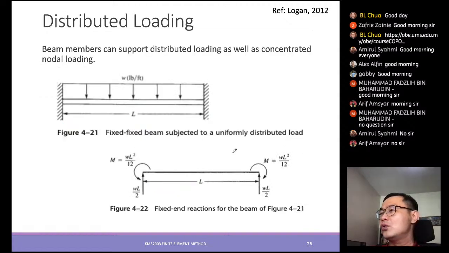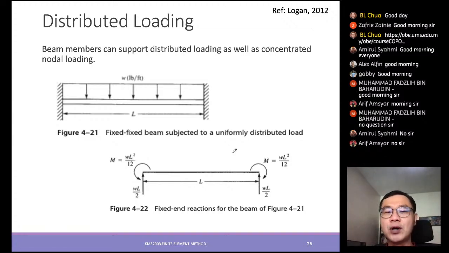So far no questions, so we will proceed with the next part of this topic. As you can see in the beam, we should not only consider the concentrated load, we should also consider the so-called distributed load.